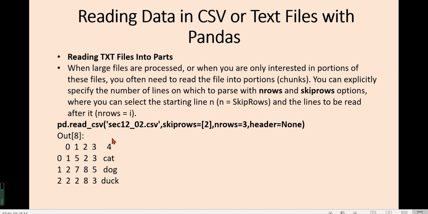So the resulting data frame will automatically be assigned the default column names and default index, but the values are from the 3rd row in the original CSV file. The result will be a 3-row data frame with 5 column variables.